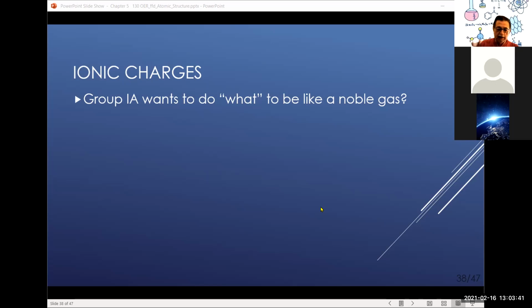Rather than having to fill up that outermost layer with more electrons, which energetically is unfavorable, it's much easier to lose that electron. By losing 1 electron, you now have 11 protons, which are positive, and 10 electrons, which are negative. So I have 11 positives and 10 negatives, which gives me an overall net of +1.